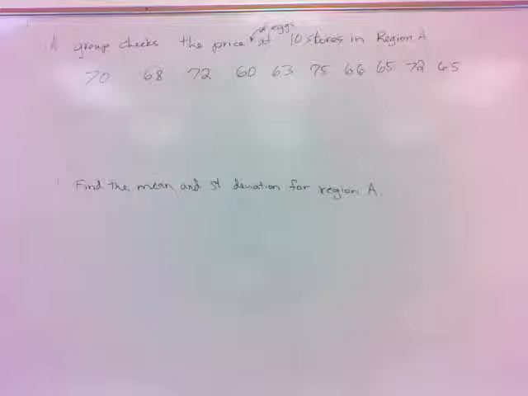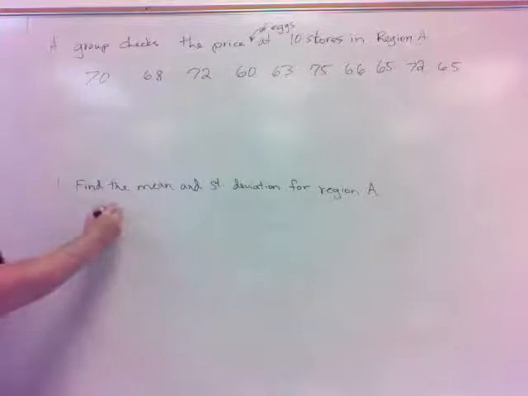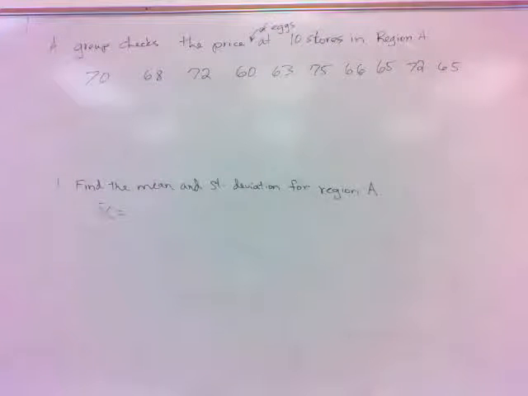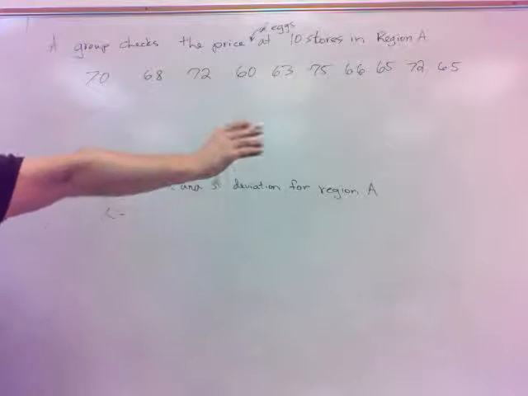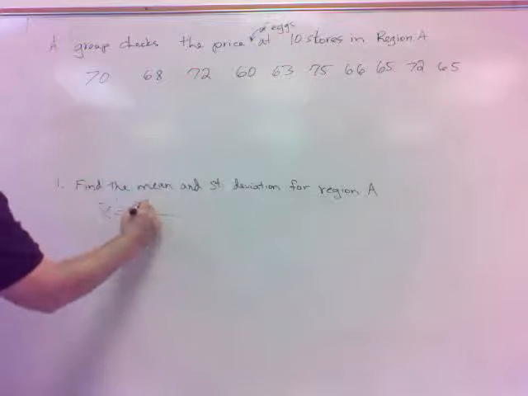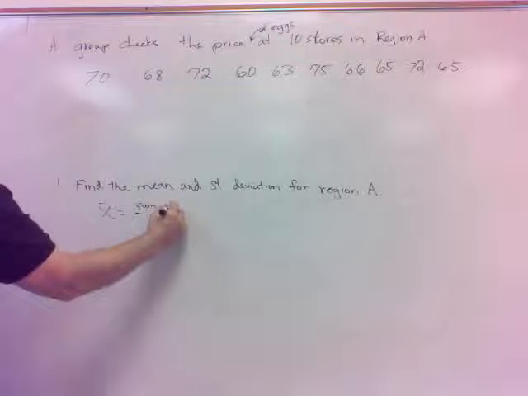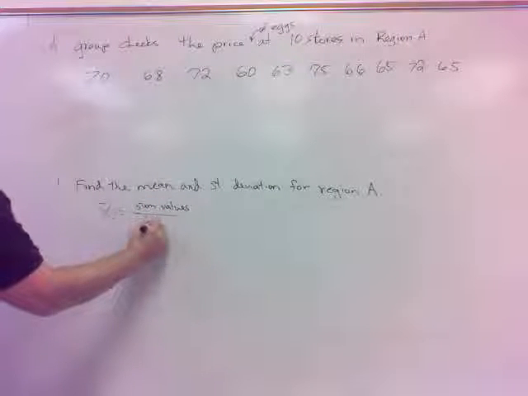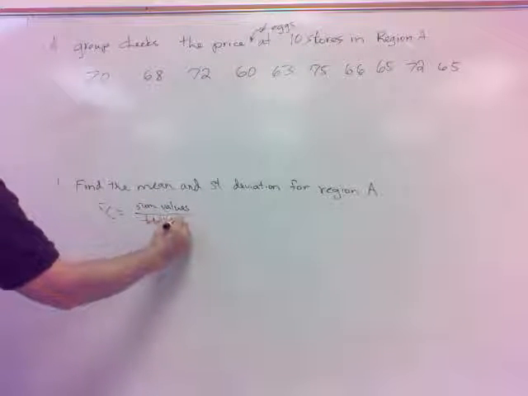All right, well, the mean, compared to standard deviation, is an easy one, isn't it? What's the mean? Well, you just add up all the values and divide by the total number of values there are.